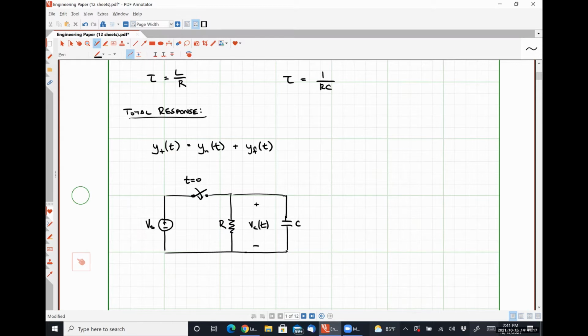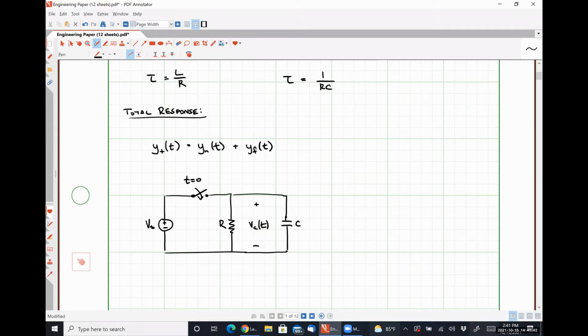Once that switch closes, there's now going to be an energy transfer, right? So effectively what's going to happen is that capacitor is going to start charging, right? And after a long period of time, or roughly 5 time constants, that capacitor will be fully charged, and then it will stay at that fully charged level.